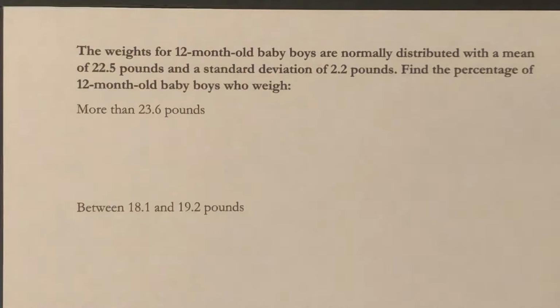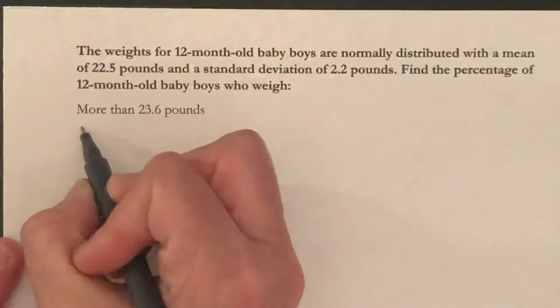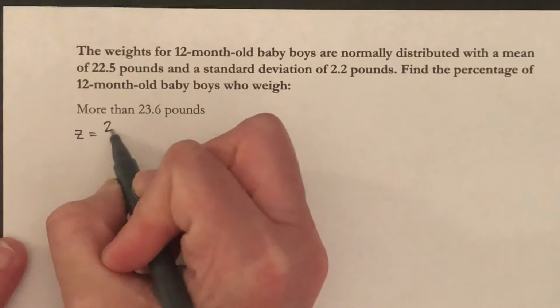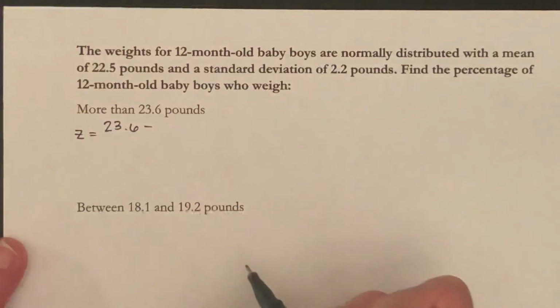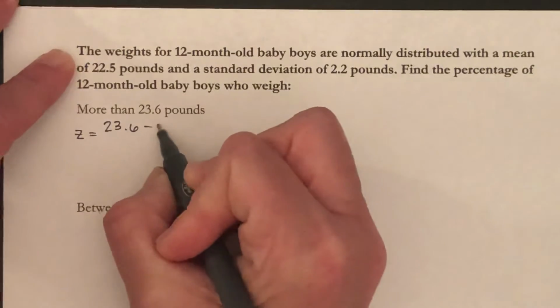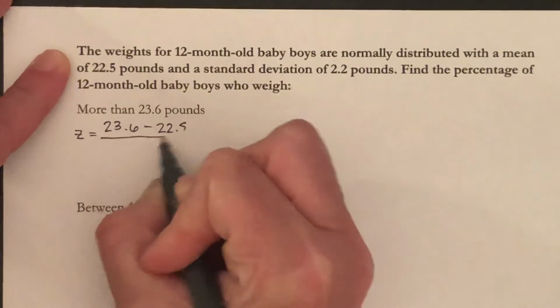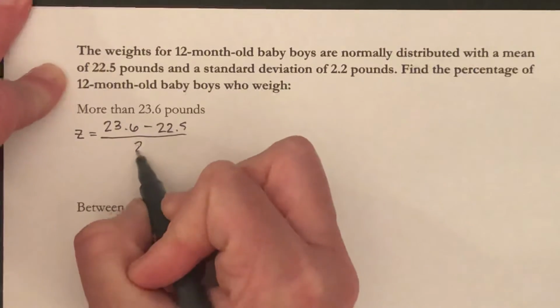Okay, the weights for 12-month-old baby boys are normally distributed with a mean of 22.5 pounds and a standard deviation of 2.2 pounds. Find the percentage of 12-month-old baby boys who weigh more than 23.6 pounds. So we need to find the z-score, and then we can get that information basically from the chart. So z-score first. 23.6 minus the mean, which is 22.5, divided by the standard deviation, which is 2.2.